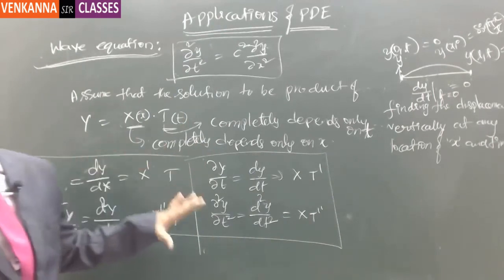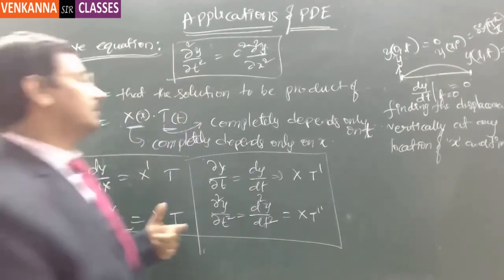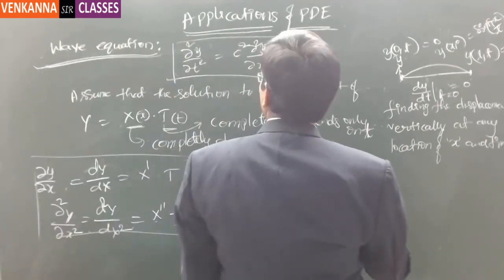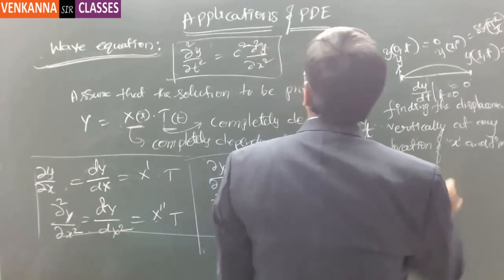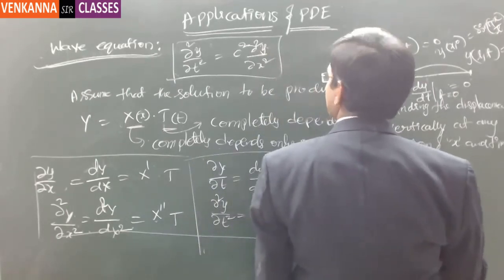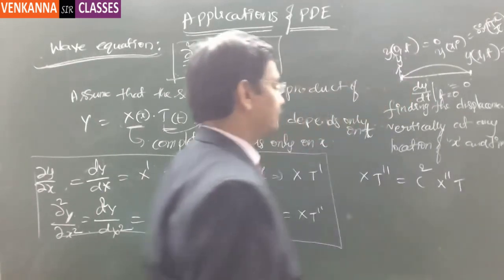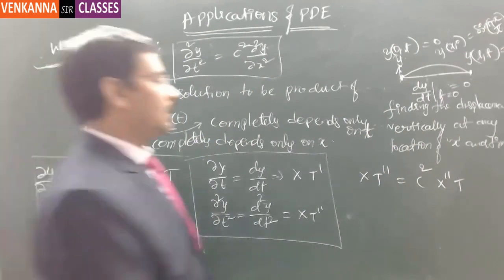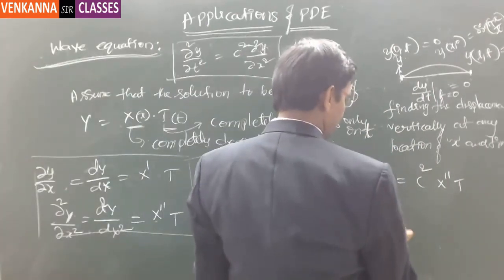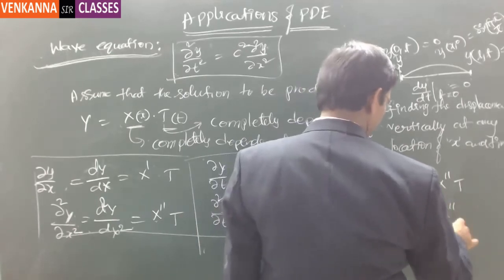Now, if you replace this into the original differential equation, what you are going to get is X into T double dash is equal to c square into X double dash into T. Got it? Or else, T double dash divided by T is equal to c square into X double dash by X.